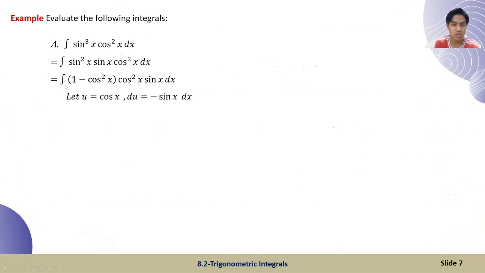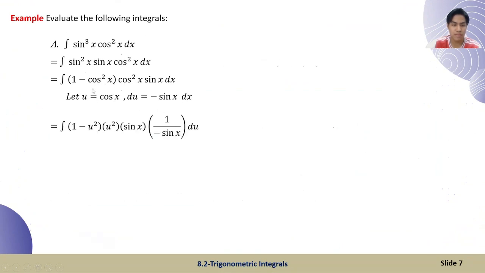Now, in order to integrate this, we let u equal cosine x, so that the derivative of u will equal minus sine x dx. When we do this, we are able to eliminate sine x from the integral, because sine x over minus sine x will be equal to minus 1, and what we have left are cosines.